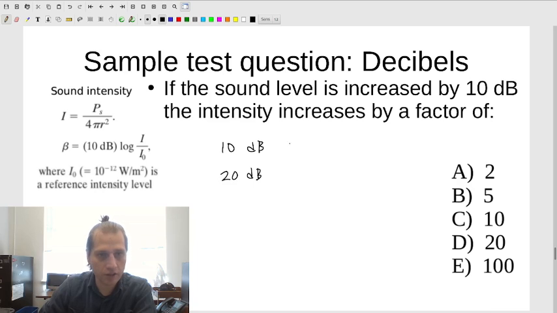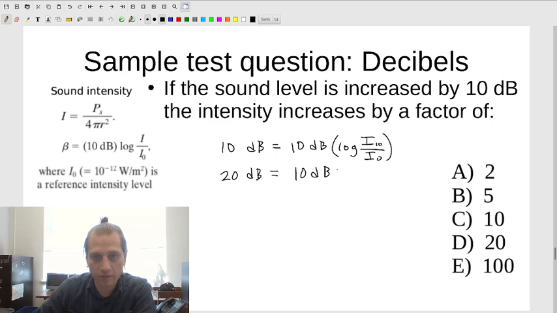The way that it works is 10 decibels times log of the intensity of the sound in watts per meter squared versus some reference intensity. So that would be my intensity of my 10, and then here, 10 decibels times log of the intensity of 20 decibels over I0.